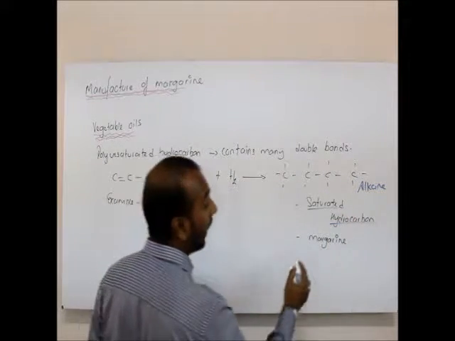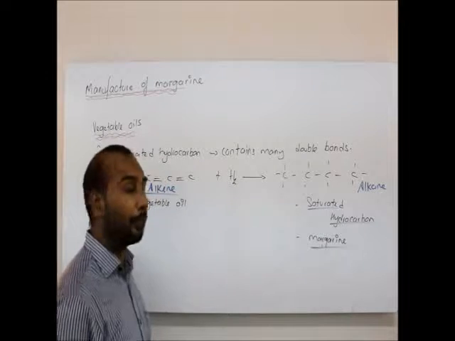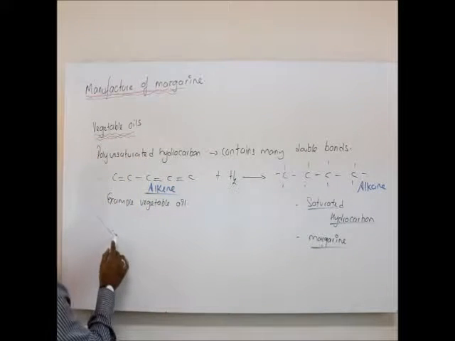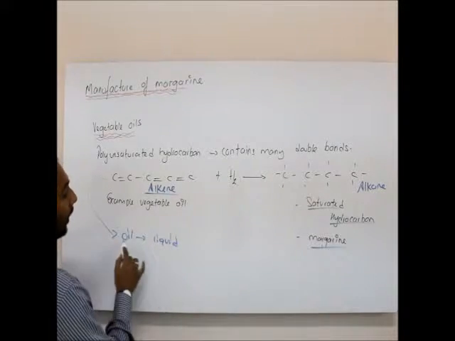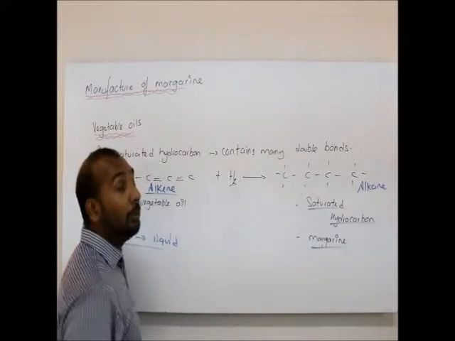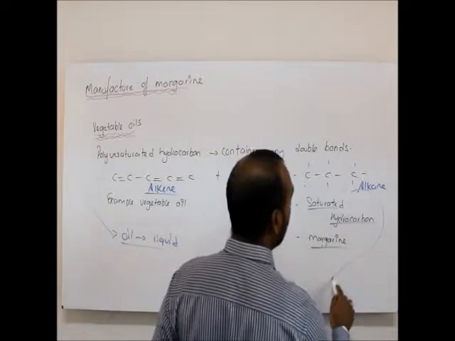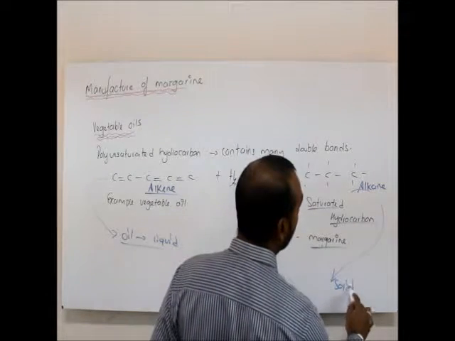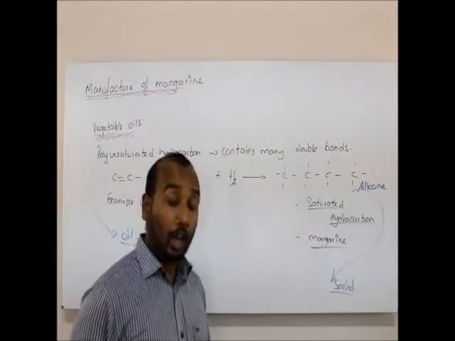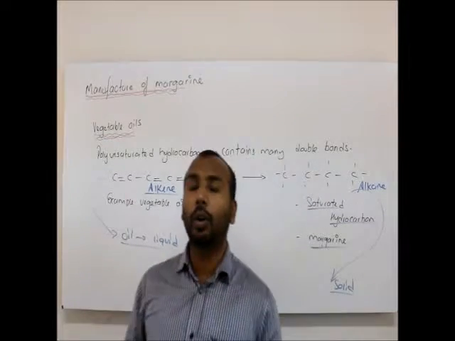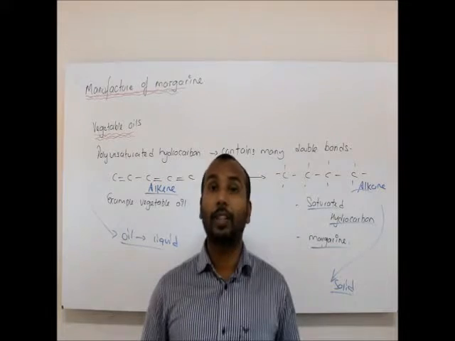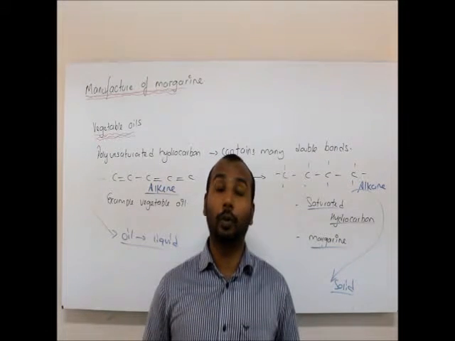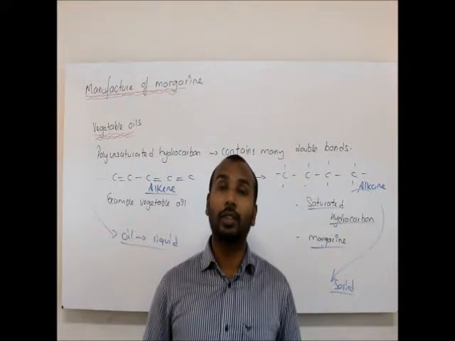This saturated hydrocarbon is margarine. If you look at vegetable oil, it is oil, so it is a liquid. When you add hydrogen, you made it become more massive, and now it's going to become a solid, like margarine. So that's it for the manufacture of margarine. And that's all that we have in our syllabus of O-level chemistry concerning alkenes.